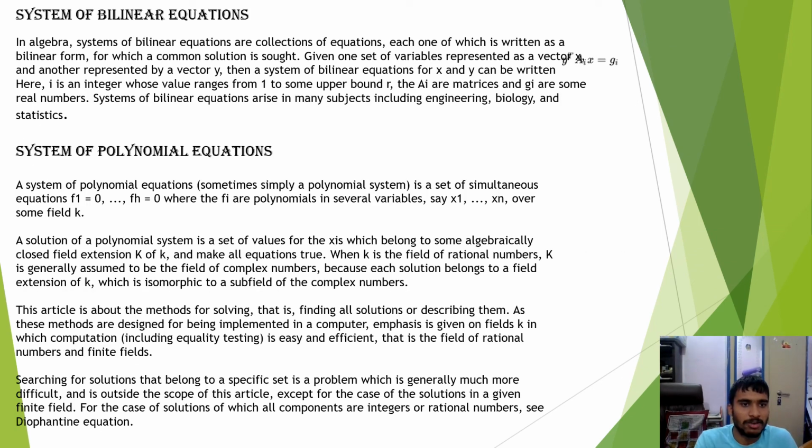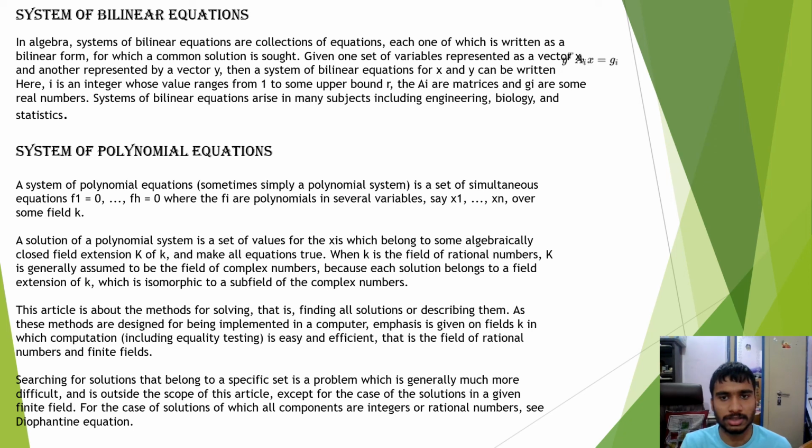Now, system of bilinear equations. These are a type of system of equations called a system of bilinear equations in algebra. Systems of bilinear equations are collections of equations, each one of which is written as a bilinear form, for which a common solution is sought.